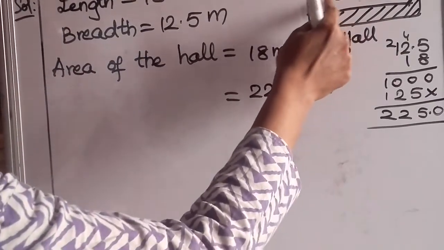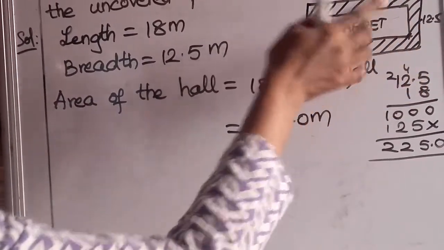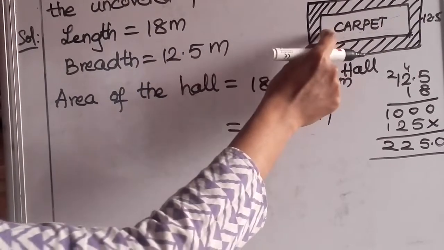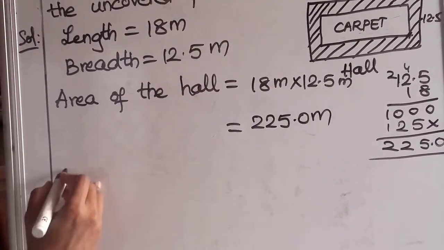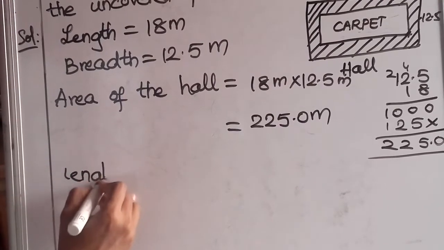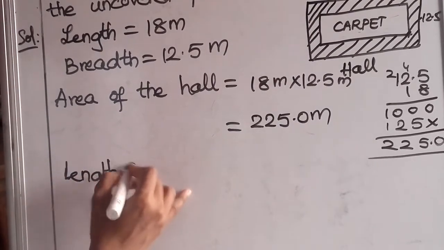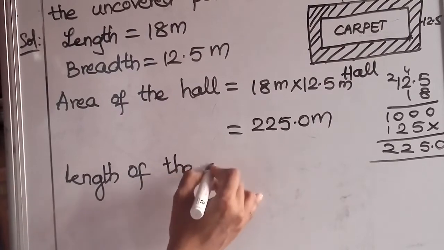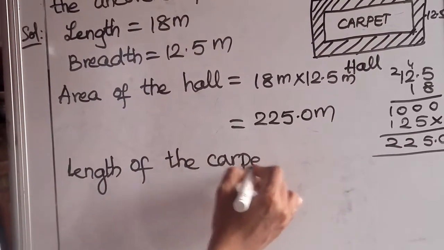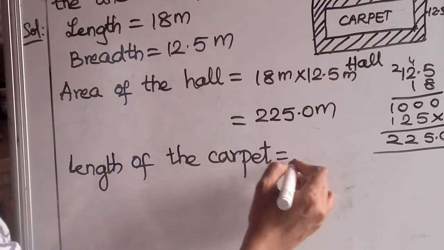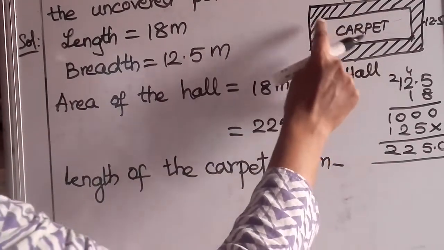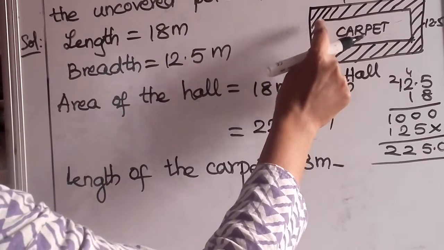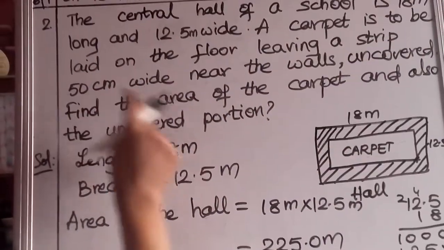Now you have to find out what is the area of this carpet. To find out this, first we have to find out the length of the carpet. Length of the carpet is equal to 18 meters minus, you know that here what is given, 50 centimeters.